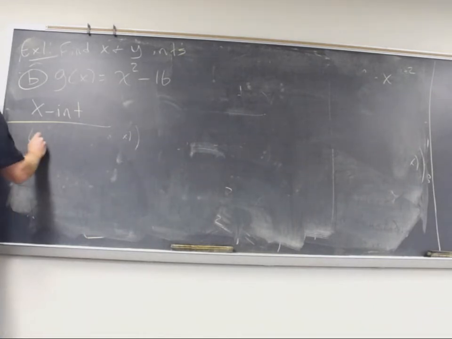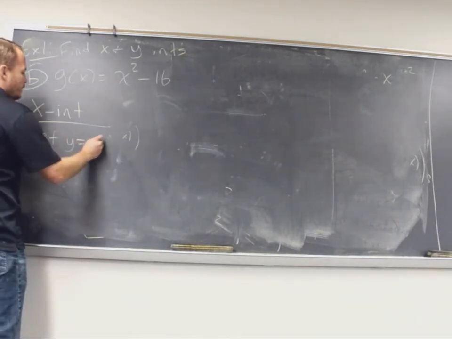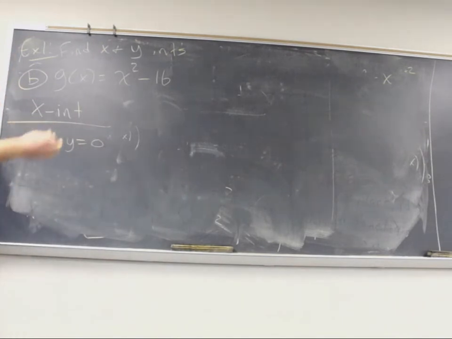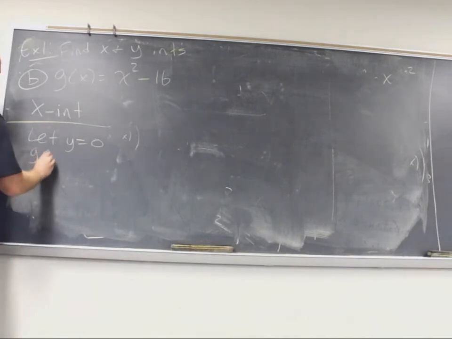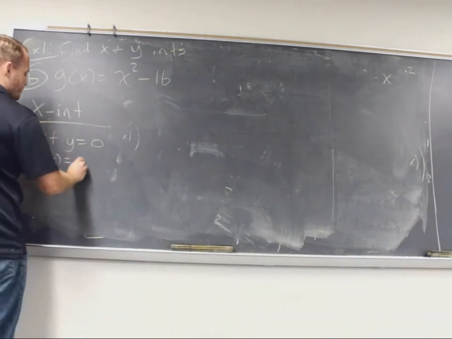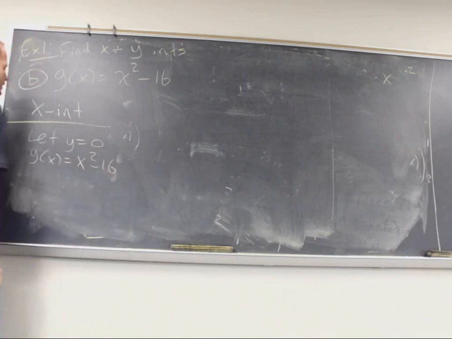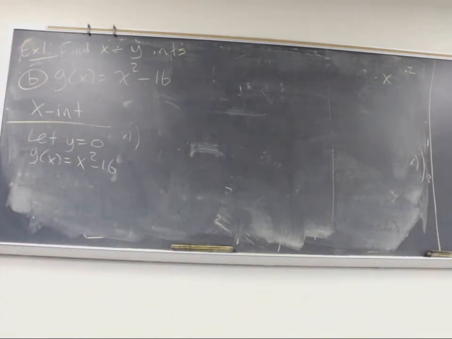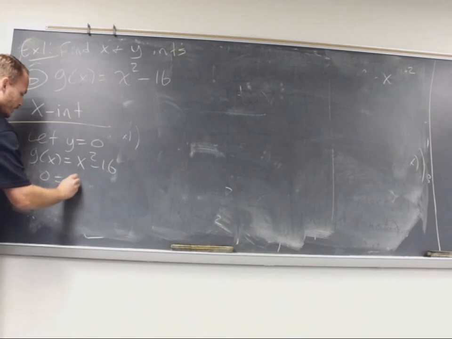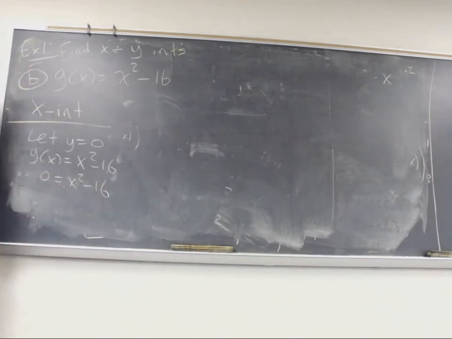So here I let y equal 0. I'm finding x, I let y be 0. I'm finding y, I let x be 0. It's always the other one. And then I'm going to write my function here, just as good habit. Now I'm replacing y with 0. So this becomes 0 equals x squared minus 16.